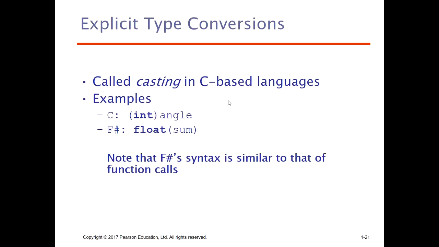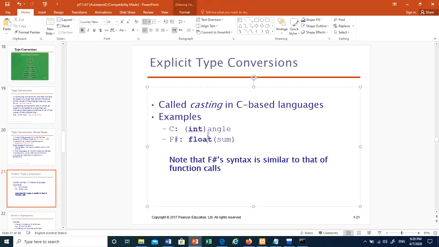One type of conversion is called explicit conversion. Explicit conversion, like casting or typecasting in C and C++, is one of the examples that can be considered explicit type conversion.